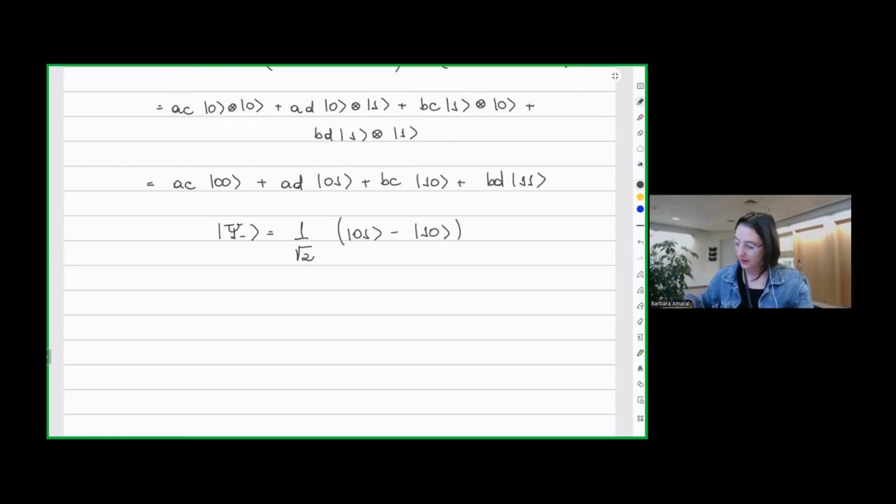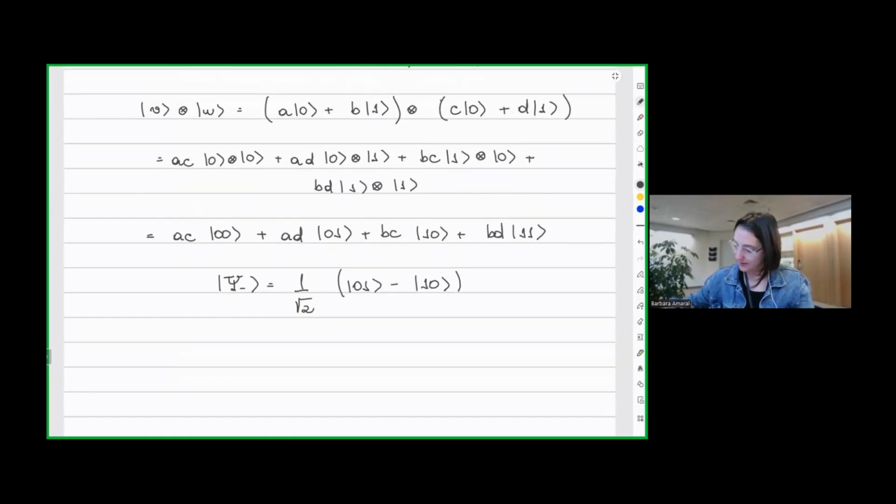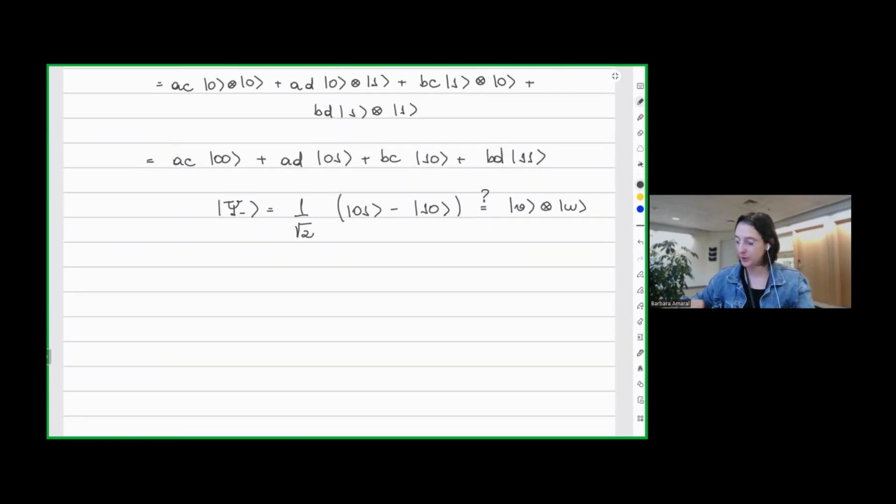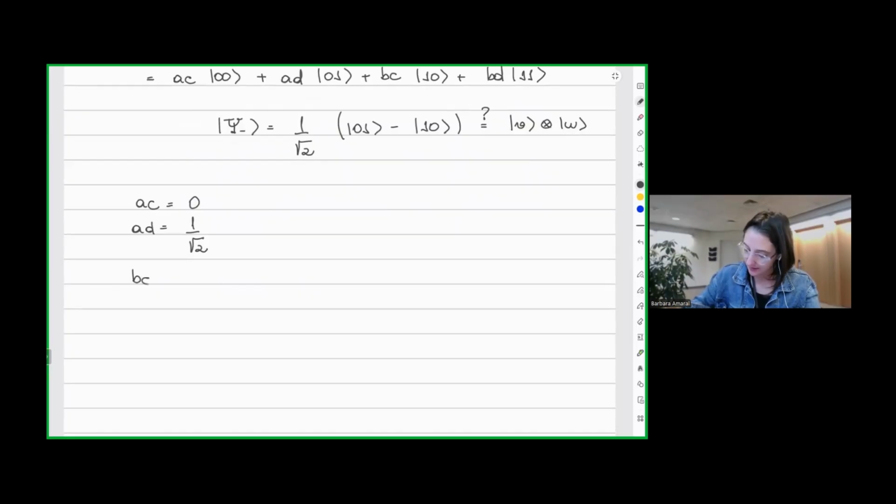And if we want to write this as a product, as we just computed, we will need to choose a, b, c, and d in such a way that ac has to be equal to 0 because there is no 00 component here. ad needs to be equal to 1 over square root of 2. bc needs to be equal to minus 1 over square root of 2. And bd needs to be equal to 0 as well.